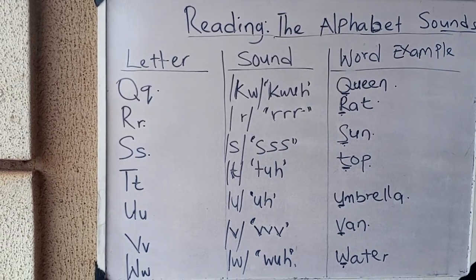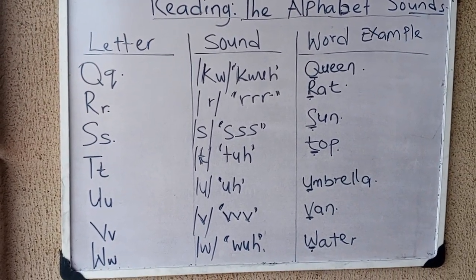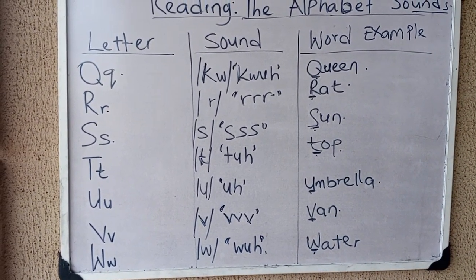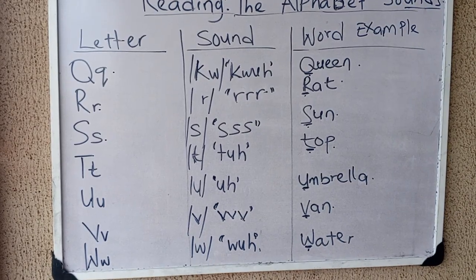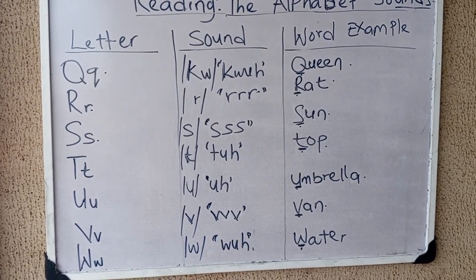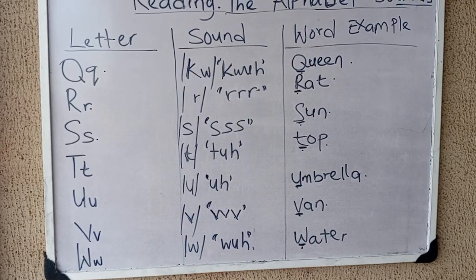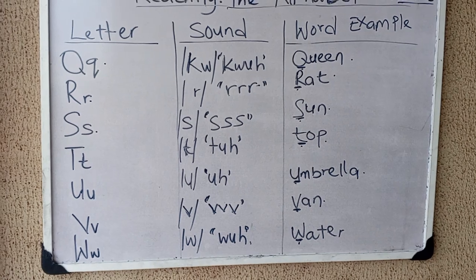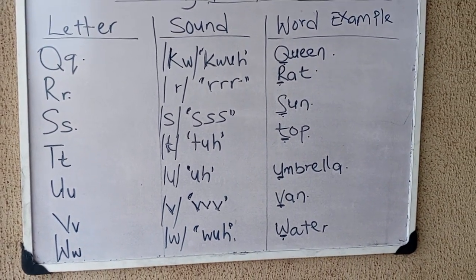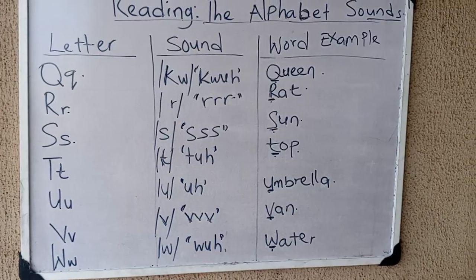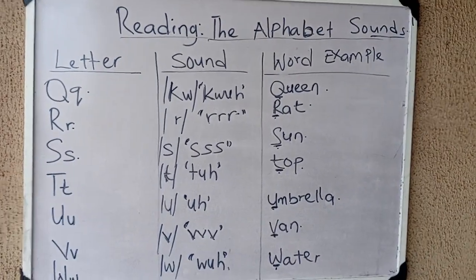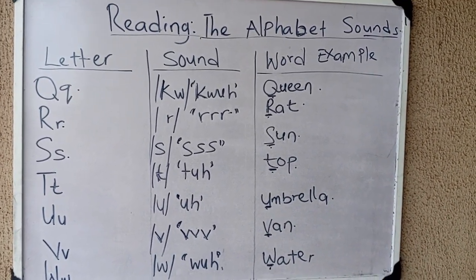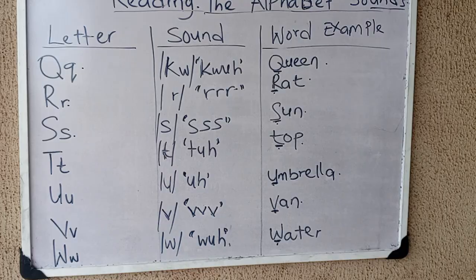Letter U, written in capital and small letter. All right. Look at it. The sound is the short u sound, uh, uh. Okay, don't be confused. Now you can easily identify it when you call it the short u sound.